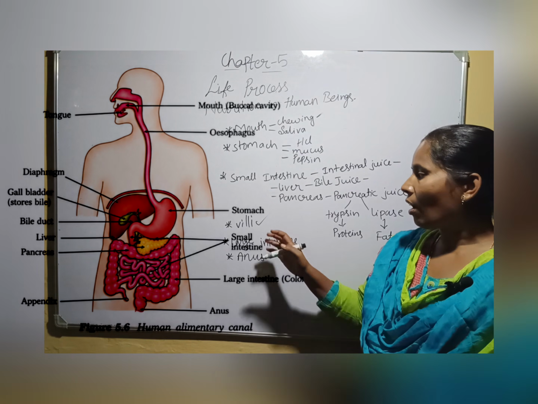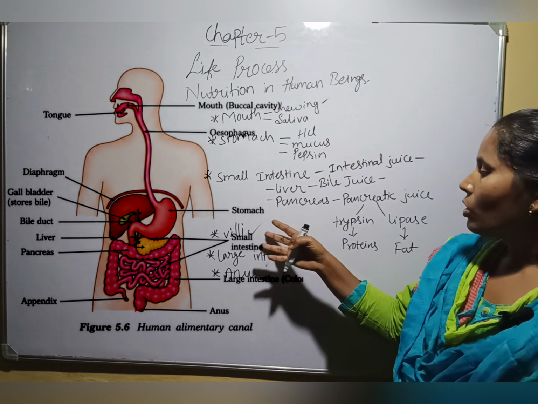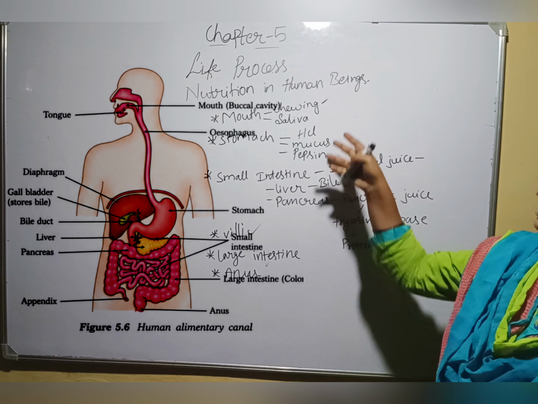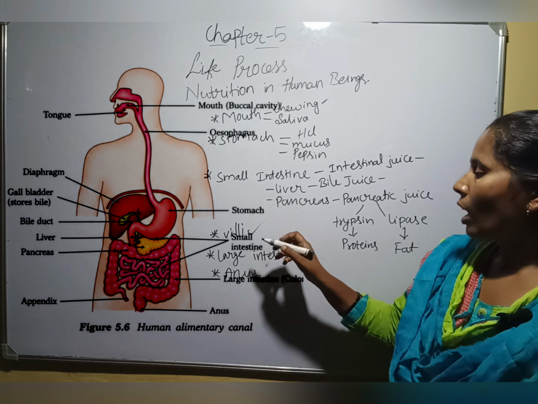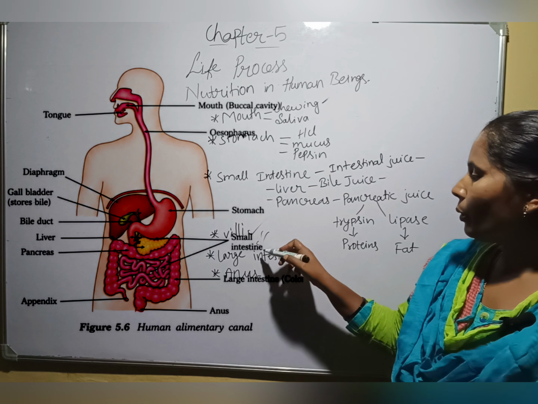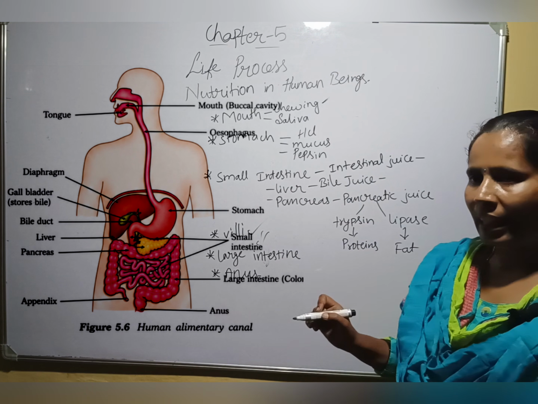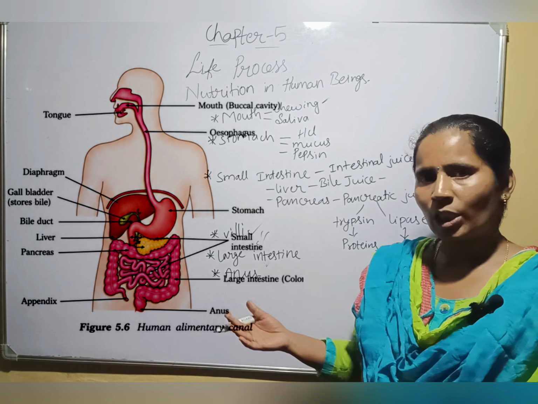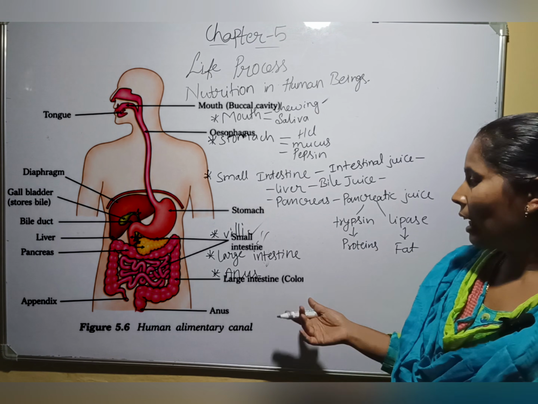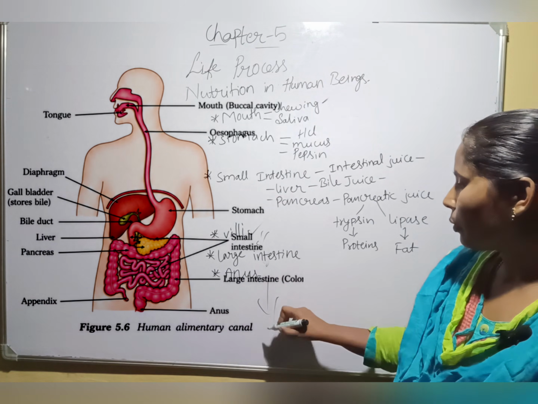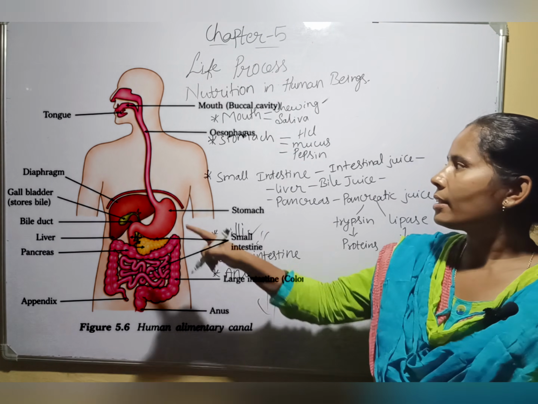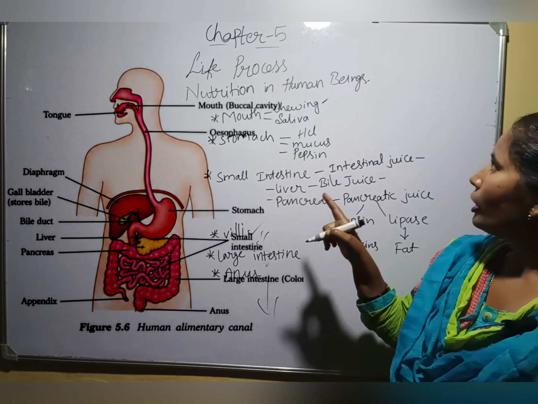They absorb all the food, then transport that food into the complete body. After that, the food will be moved to the large intestine. Here, the absorption of water takes place from the waste material, and it is thrown out through the anus. So this is the complete nutrition in human beings.